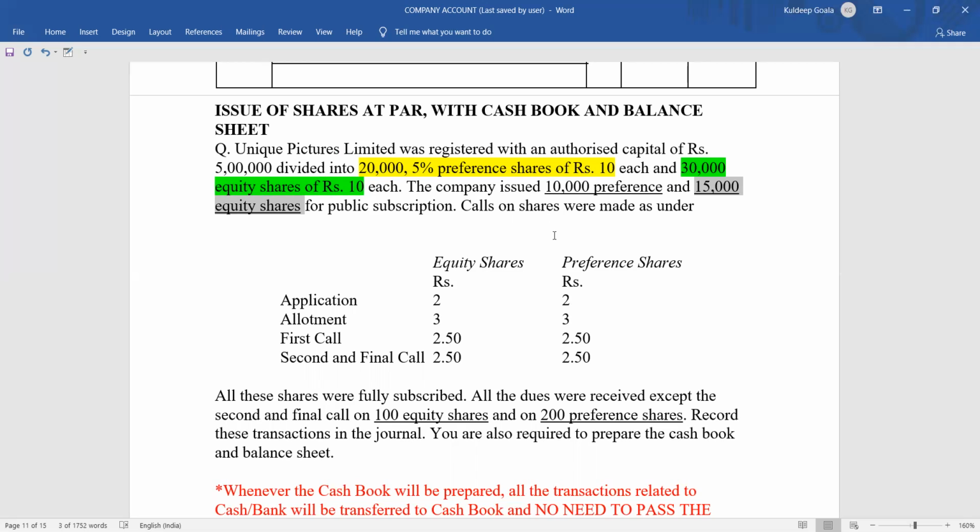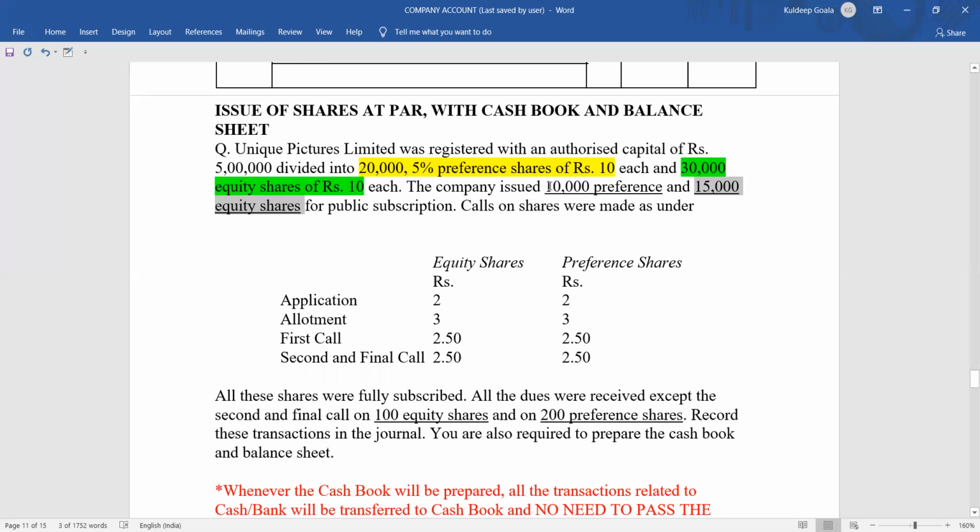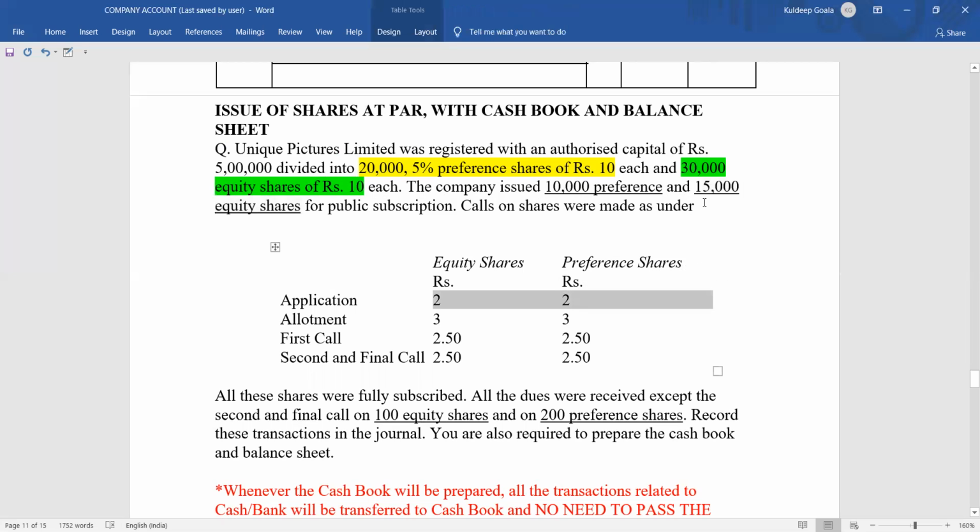The shares are 10,000 preference shares and 15,000 equity shares. So 10,000 into 2, preference will be 20,000 rupees, and 15,000 into 2 for equity shares will be 30,000 rupees. The total comes to 50,000 rupees.